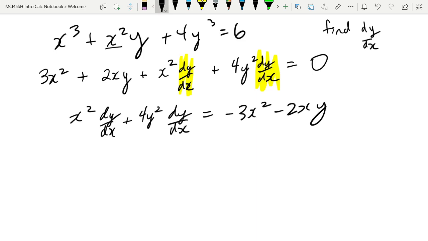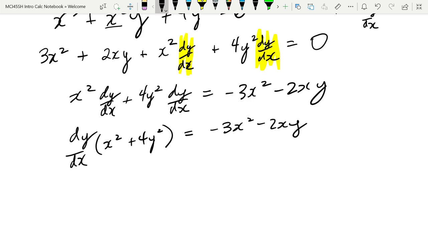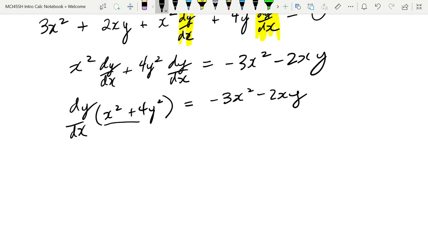All right, I'm going to factor dy dx out of these first two terms. Then I'm going to divide both sides of the equation by this factor. And that does it. That isolates dy by dx.